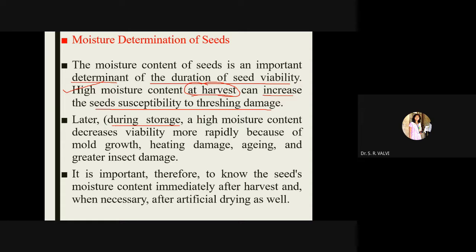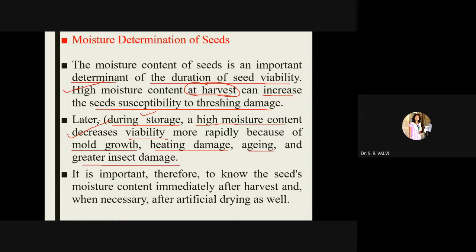And after threshing, when we are going to store the seeds, if there is high moisture content within the seeds, then it's obviously going to decrease the viability more rapidly because of mold growth, a kind of fungi, heating damage, aging and greater insect damage.